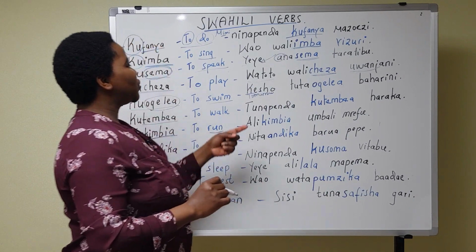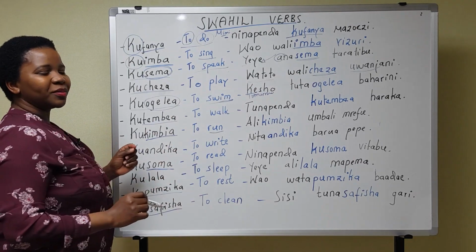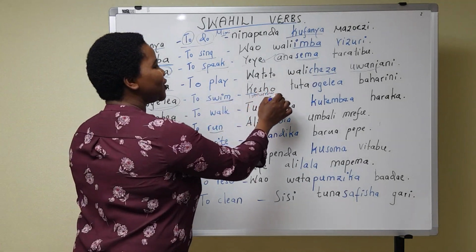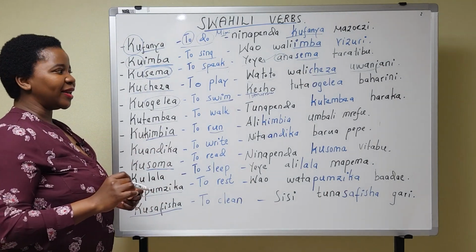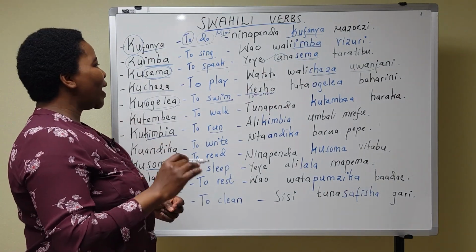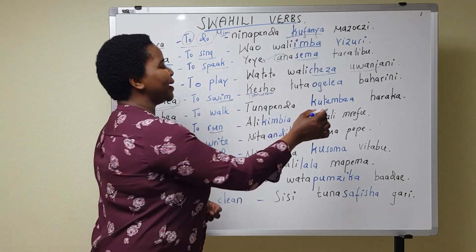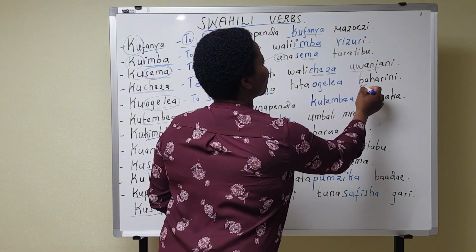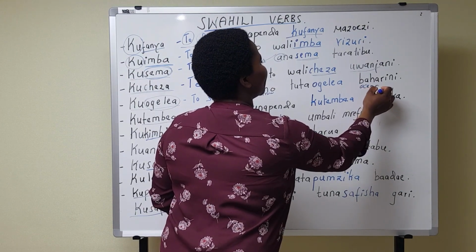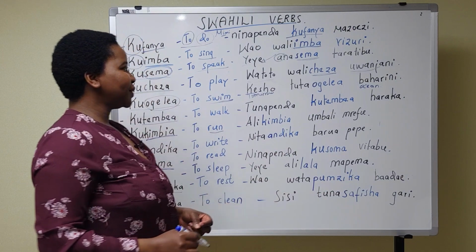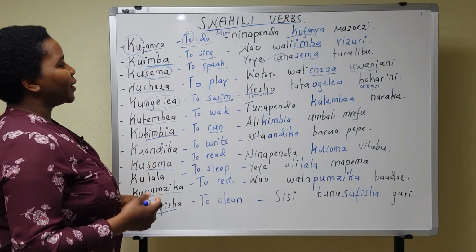Ogelea is swim. So the sentence says, kesho tutaogelea baharini. Tomorrow we will swim at the sea. Baharini is the sea or ocean. So tomorrow we will swim in the sea.